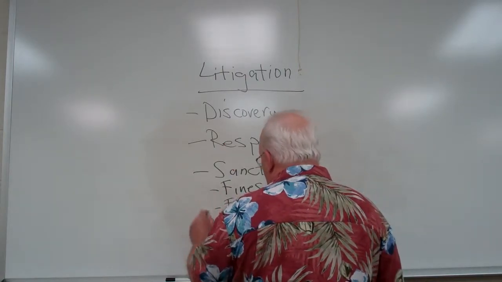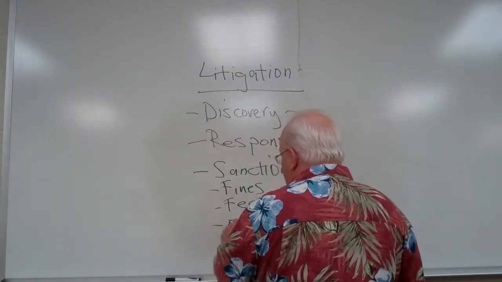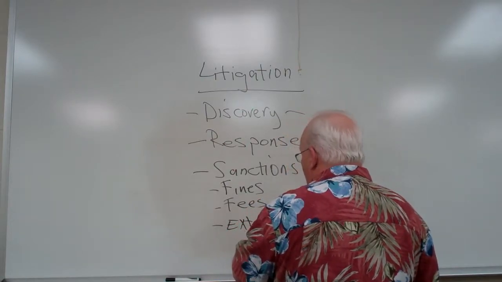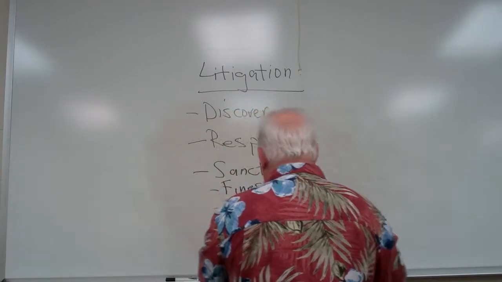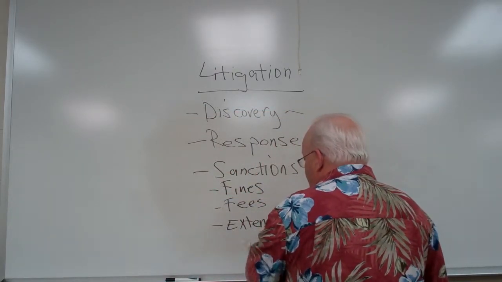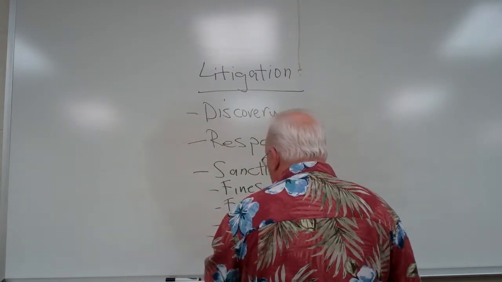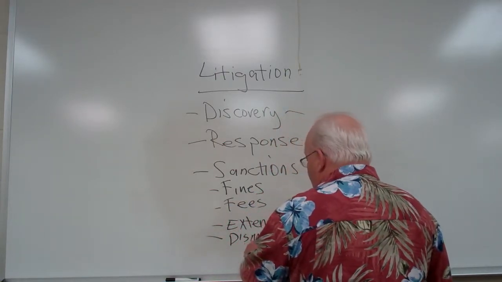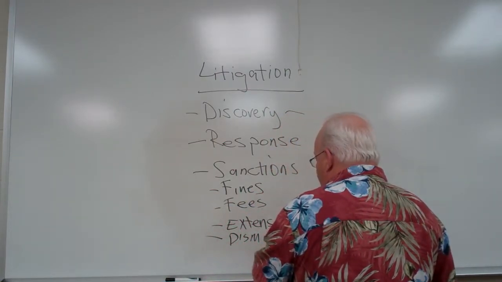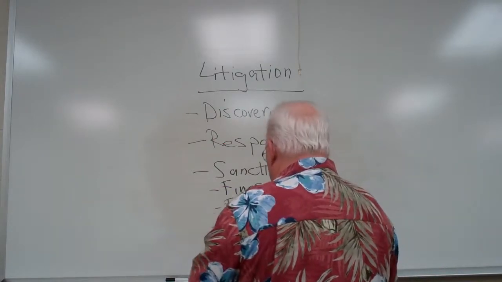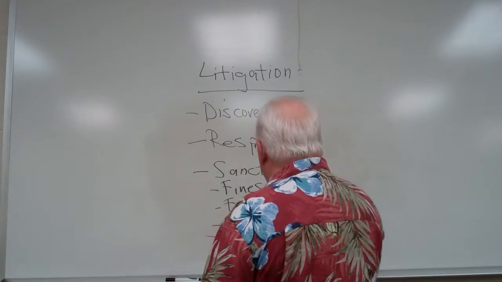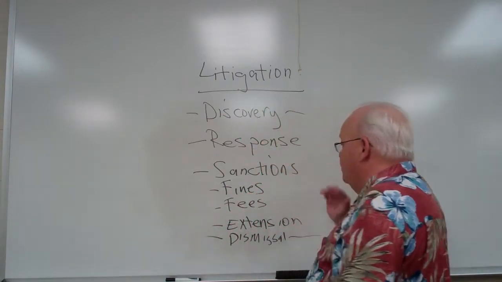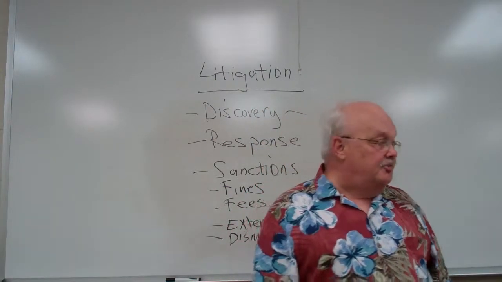If there's a good reason, it can be just an extension, or in the worst case for plaintiff, it's kind of like the death penalty for your case, and that is dismissal with prejudice, okay? Dismissal with prejudice, meaning you cannot refile that lawsuit. So all these motions, you always need to respond, or there could be sanctions. So that's pretty important.